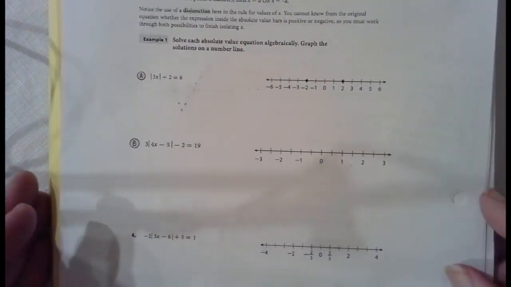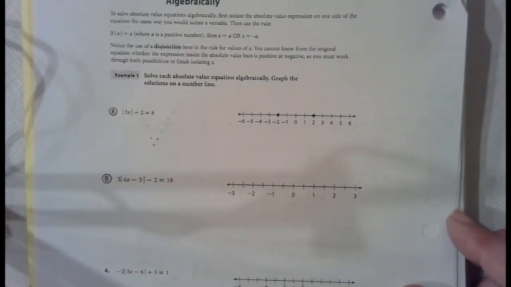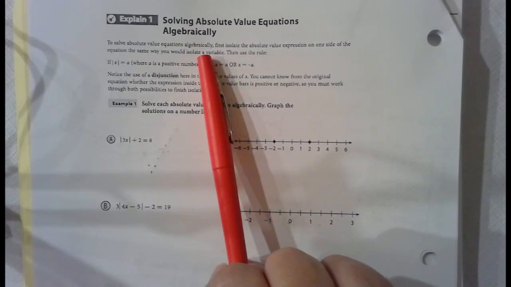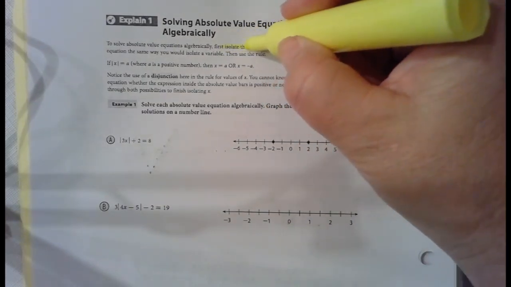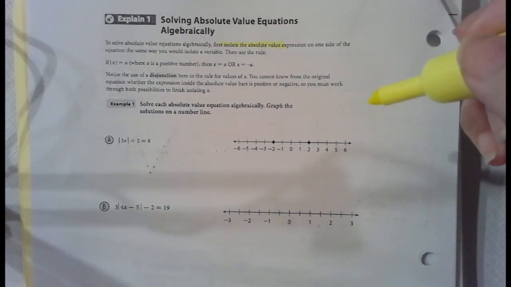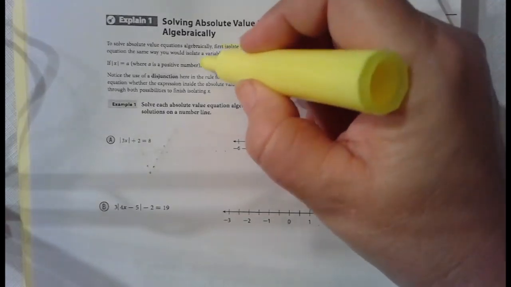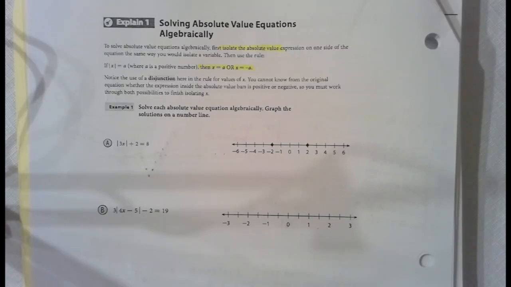And so we are going to now go back to solving, continue solving the absolute values using algebra. And to solve the absolute value equations algebraically, you will always want to first isolate the absolute value expression. And then use the rules that when you open the gates, you have a positive or negative.